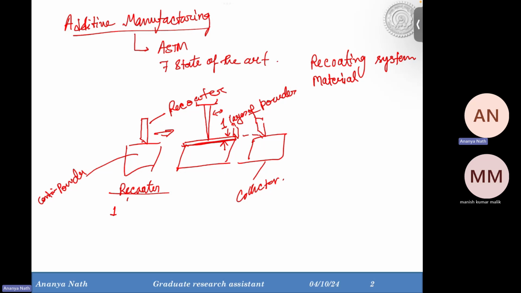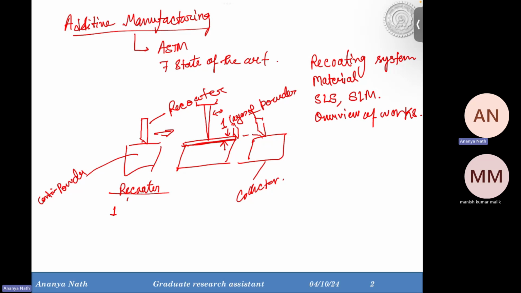Because under powder bed fusion, there are two processes: selective laser sintering and selective laser melting. I'll be talking about the difference between these two processes. And lastly, an overview of the works that are going on in research on the powder bed fusion process.